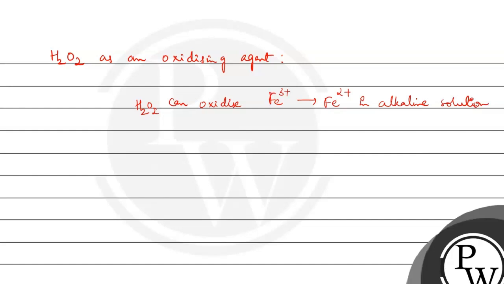Fe2 plus and Fe3 plus are its metal ions. Now we'll see the reaction. So 2 moles of Fe2 plus plus H2O2, that is hydrogen peroxide, plus 2 OH minus gives 2 Fe3 plus plus 2 H2O.